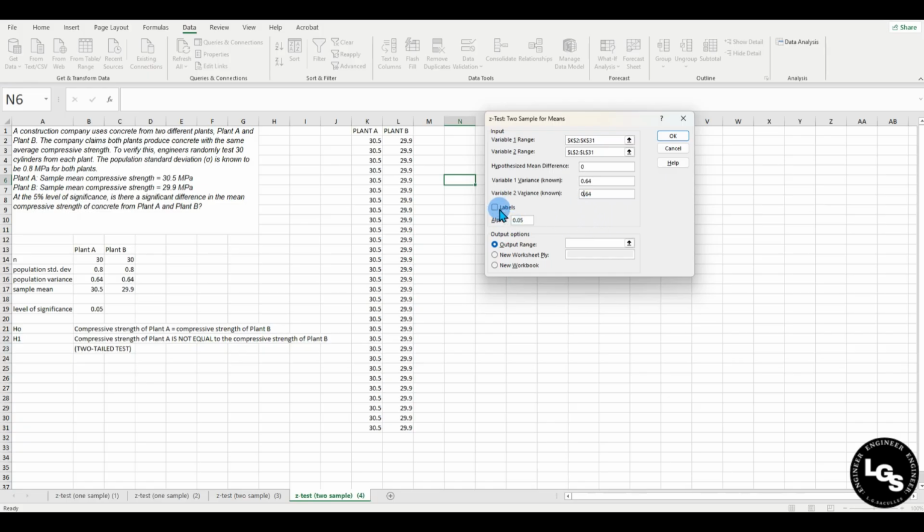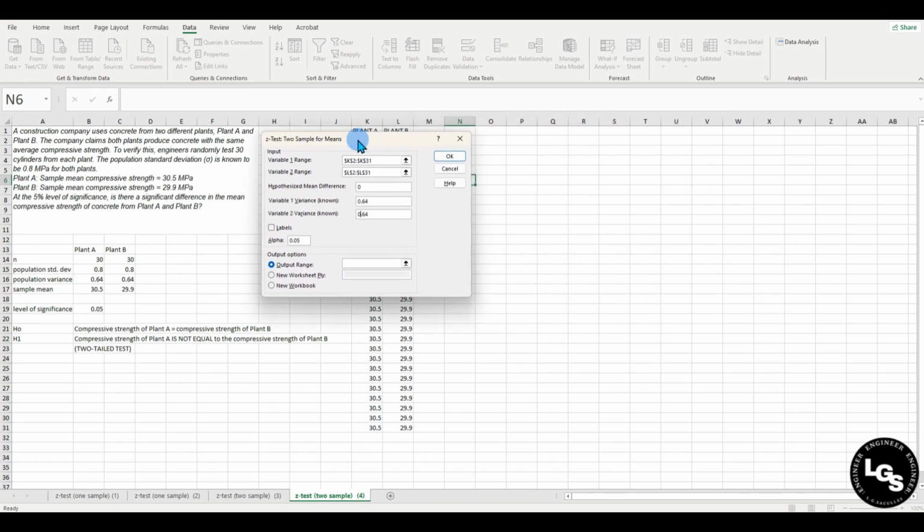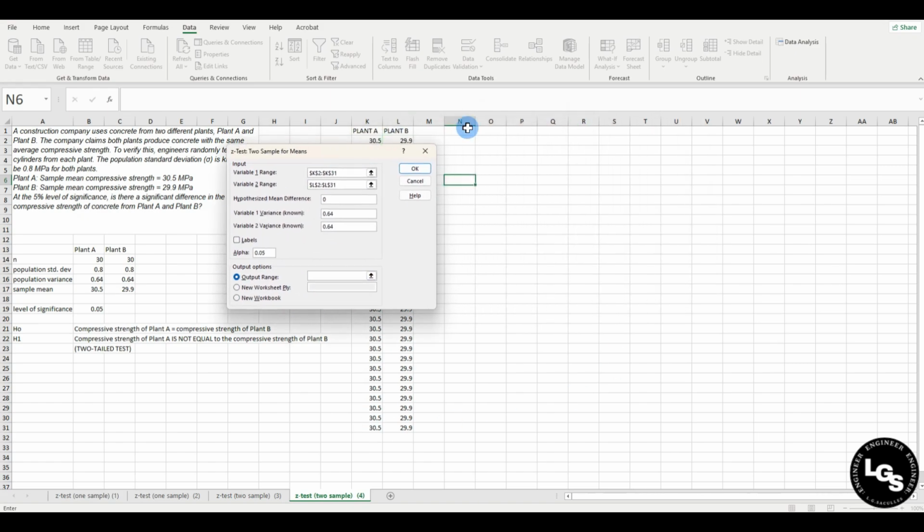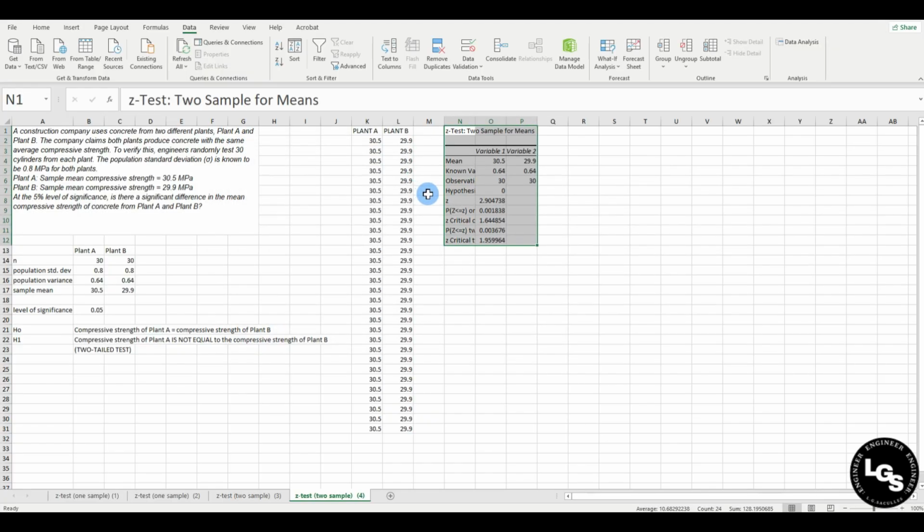Then for labels, I will not check this because I did not highlight the labels when I chose this data. For the output range, we can choose any blank cell for the result. Then click OK. So here is the result.